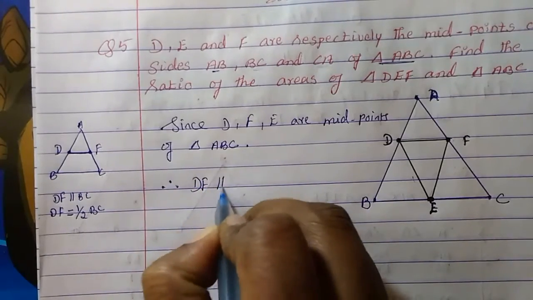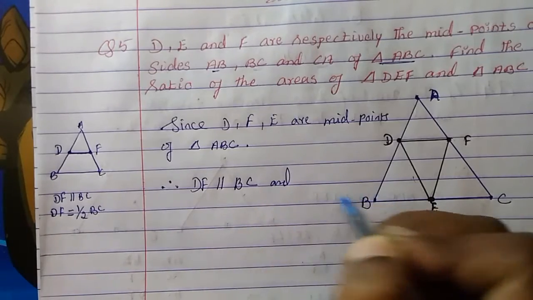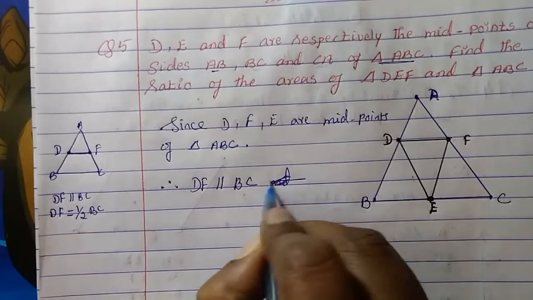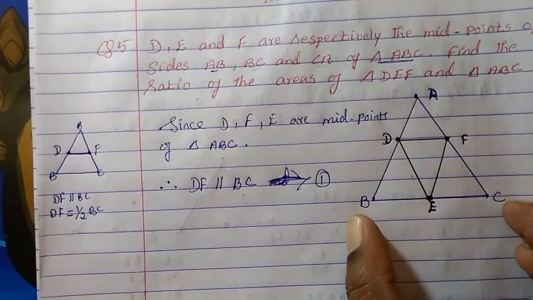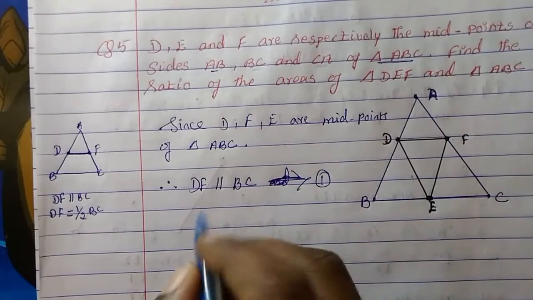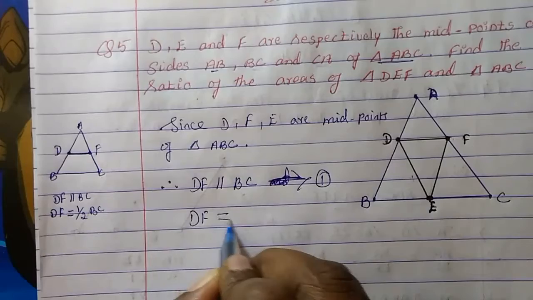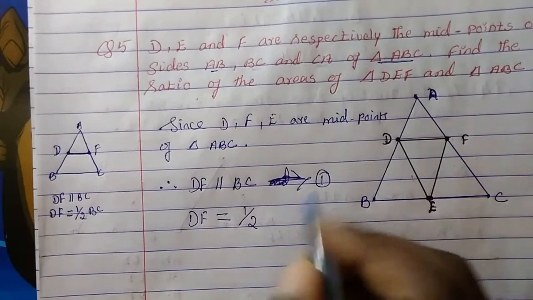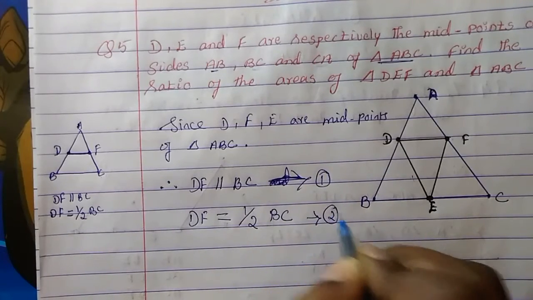We'll write this as equation 1. And also DF will be equal to half of BC. Let's take this as equation 2.